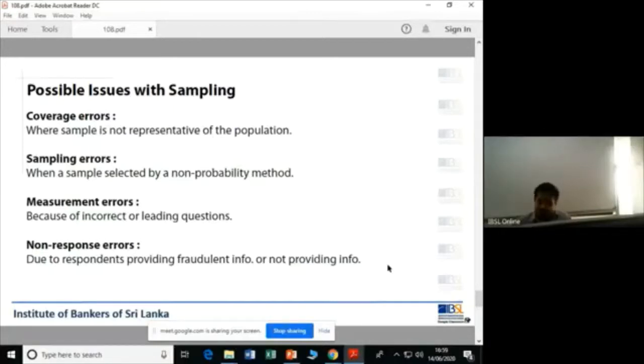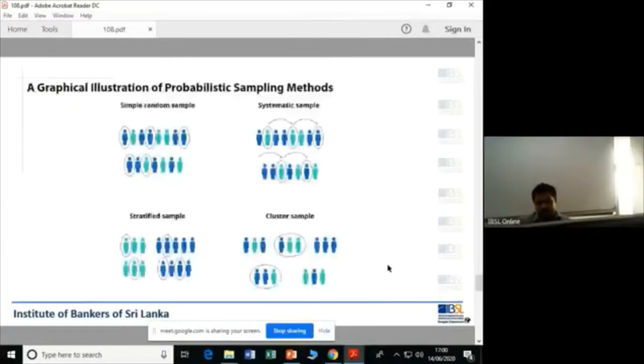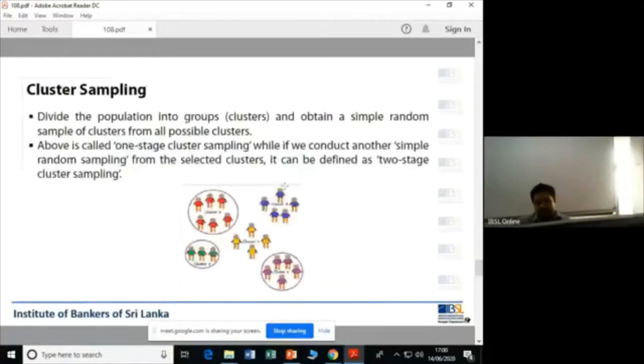I mean, there's no universal law saying that you will only have to select stratified sampling, and if you select stratified sampling, you can't go for another. If you could just go to this slide quickly, under cluster sampling, we discussed that one-stage cluster sampling is where you cluster everybody into different clusters and select a whole cluster into your sample.